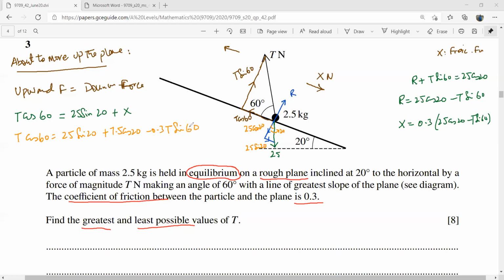Please be patient, don't use the calculators. I'll move this term to the left hand side, skipping some steps, taking T common. So this is going to be T times cos 60 plus 0.3 sine 60, and that is equal to 25 sine 20 plus 7.5 cos 20.